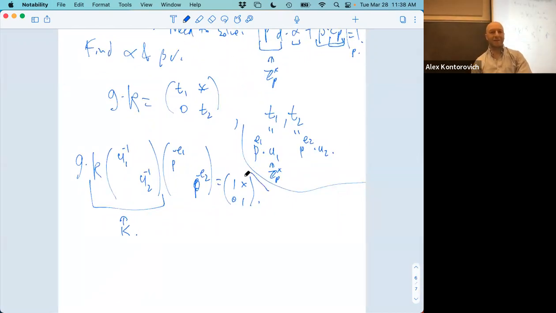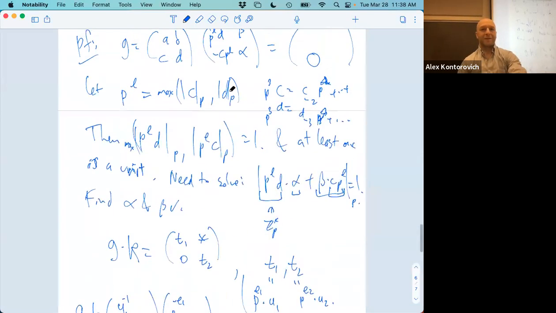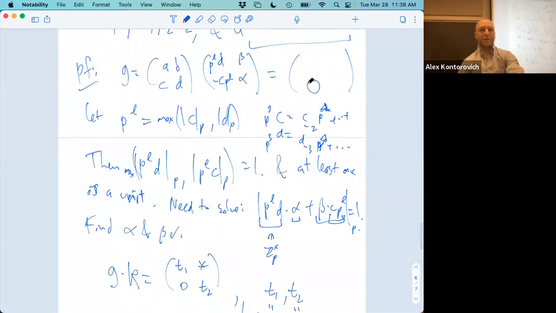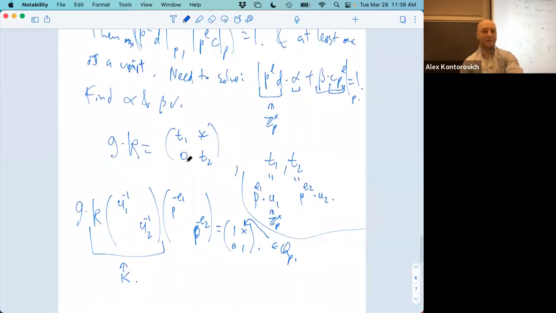What we did was we multiplied by this K to make the lower left entry 0. So we found some K so that we have something 0. I don't have any control on what's left. I have a T1 and T2 and something. T1 and T2 are numbers in Q_P.